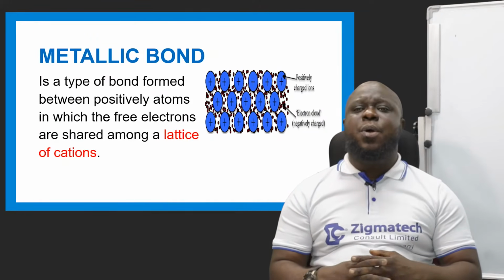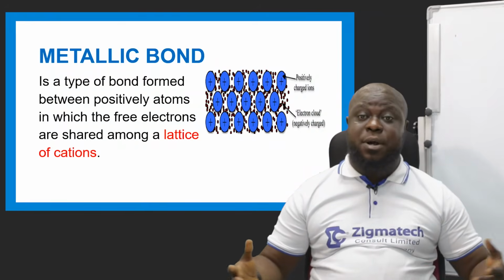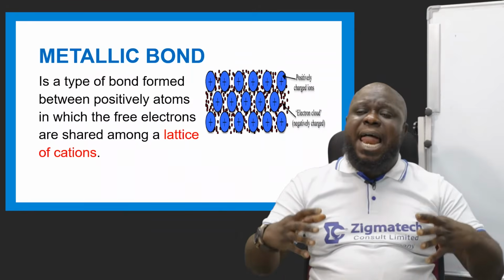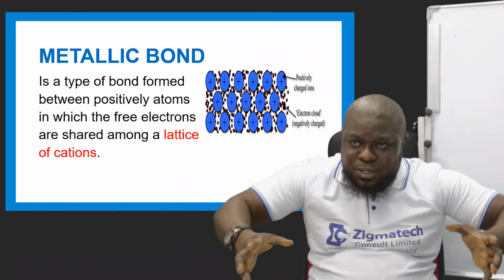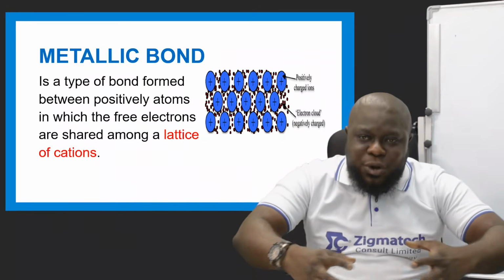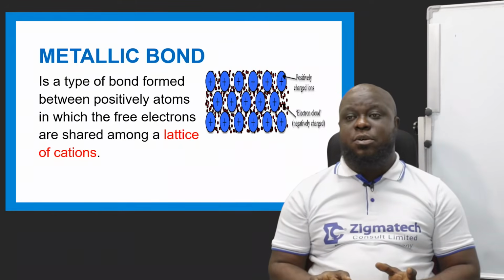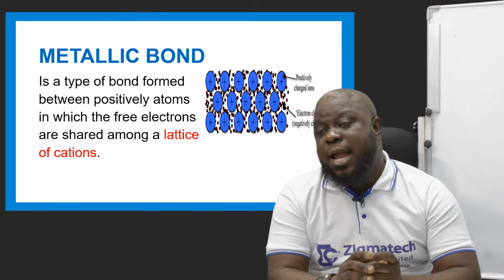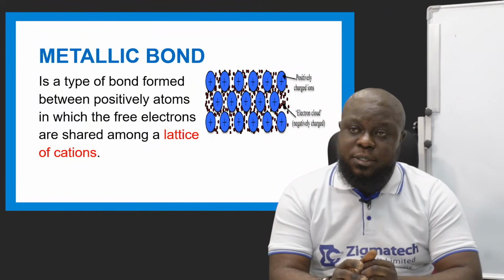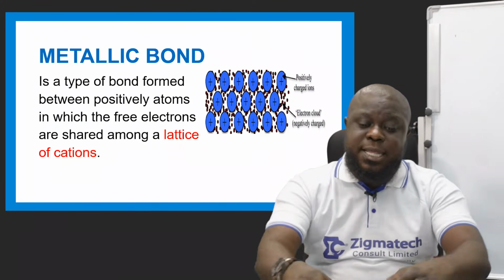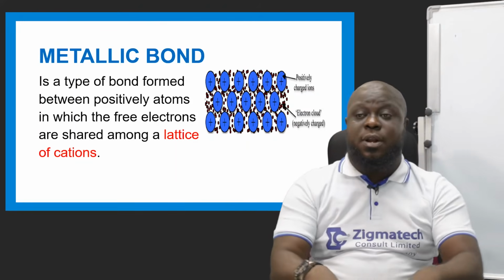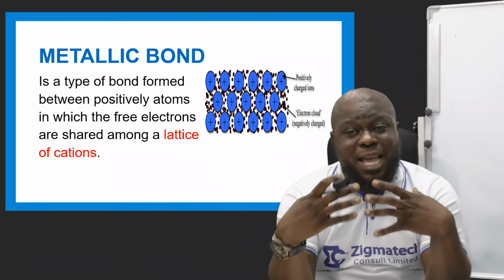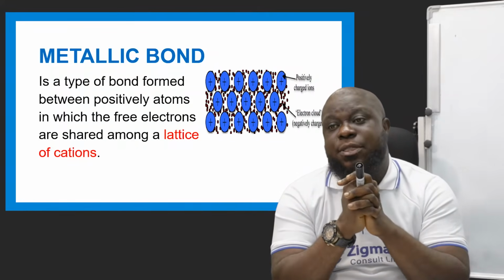The free electrons are shared among the lattice of cations. Now, a lattice of cations simply means the electrons surround the cations. As you can see on your screen, you see the positively charged ions and the electron cloud, negatively charged. We know the electron cloud is when the electrons surround the nucleus of an atom. Now, the positively charged ions are being surrounded by the electron cloud.